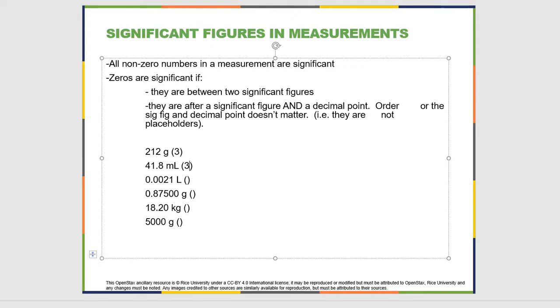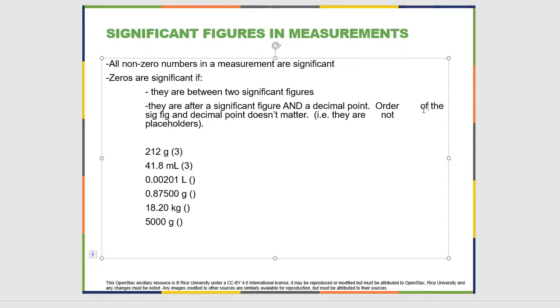However, zeros are a different case. Zeros are significant if they are between two significant figures, which I realize I have no examples of now, so I'm going to add a zero in the middle here to change that. Zeros are also significant if they are after a significant figure and a decimal point.